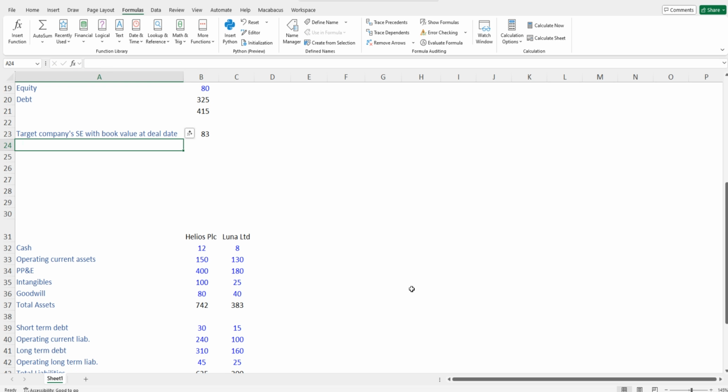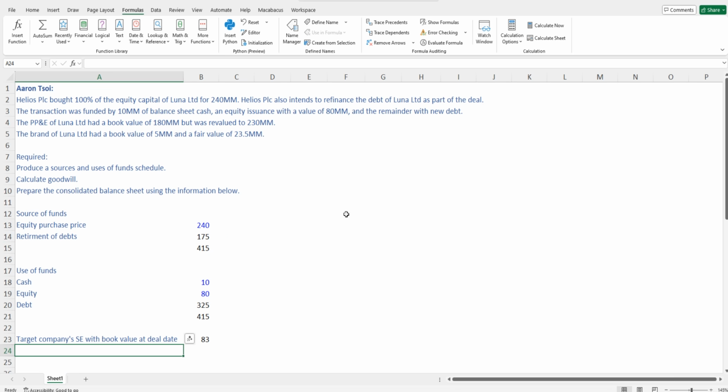The information here says the PP&E of Luna had a book value of 180, and the fair value right now is 230.